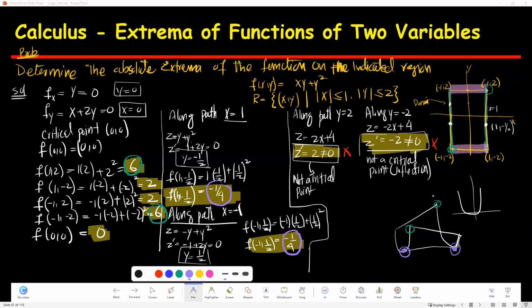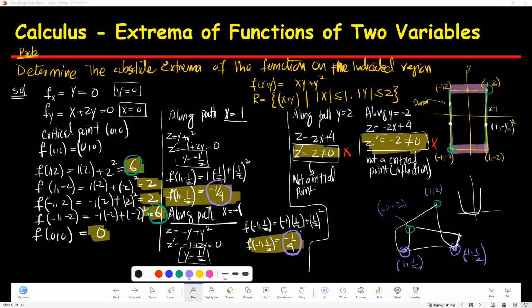The coordinate of this point is probably 1, 2. The coordinate of this point is minus 1, minus 2, and the coordinate of this point is 1, minus a half, sorry, and the coordinate of this point is minus 1 and a half.